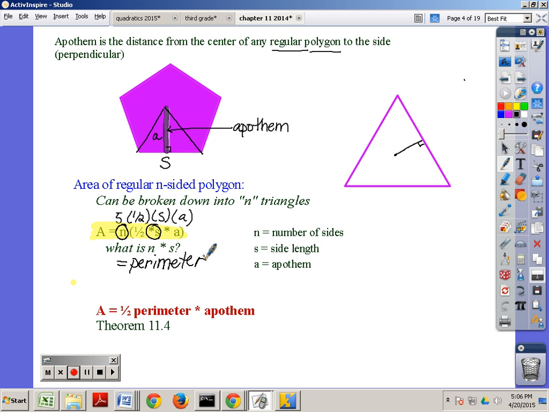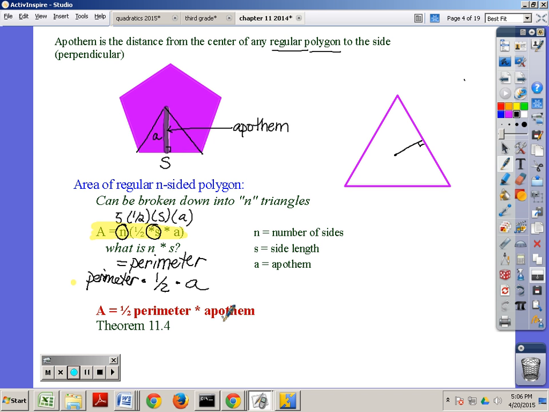So if you pull out your n and your s, you're left with perimeter times 1/2 times a. So if you rearrange that, it's a nice, easy way to remember it. The area of any regular shape is 1/2 the perimeter times its apothem.